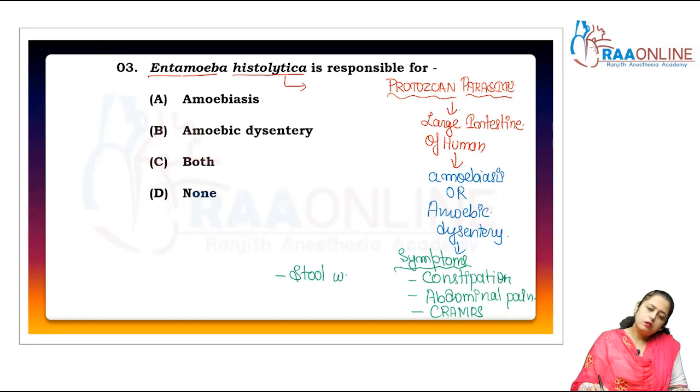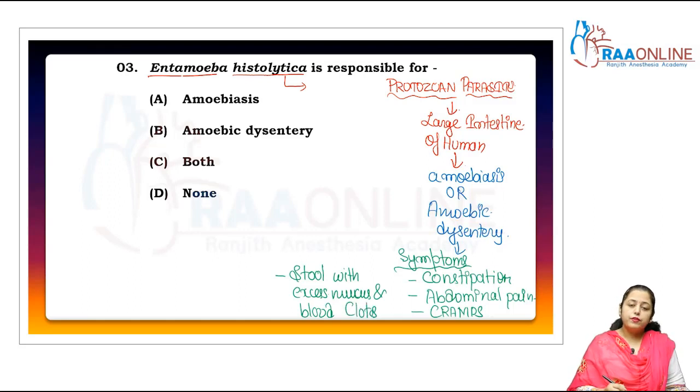Stool with excess mucus and blood clots, right? Sometimes when the infection increases more and more, some mucus and blood clots are also secreted with that stool, clear? So in that case the patient will be uncomfortable.